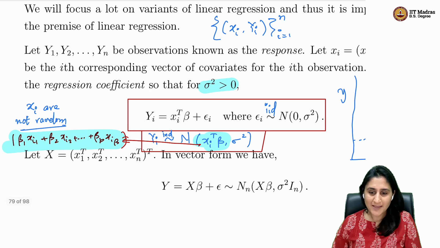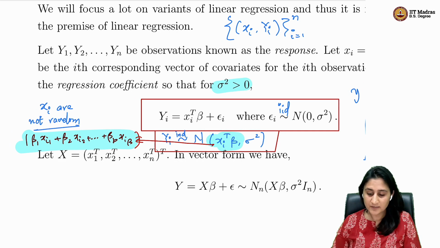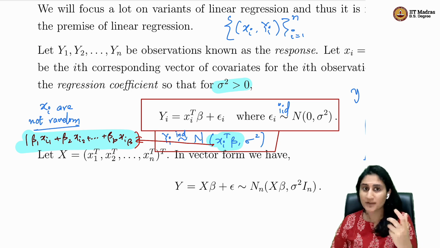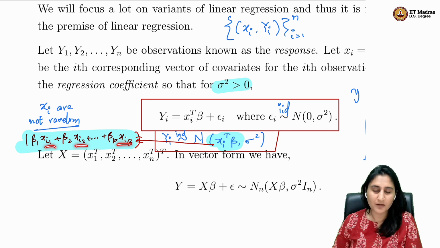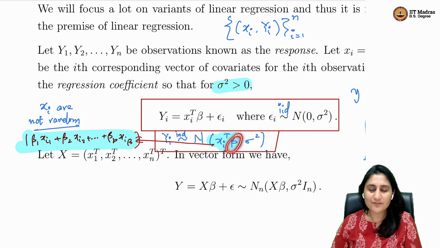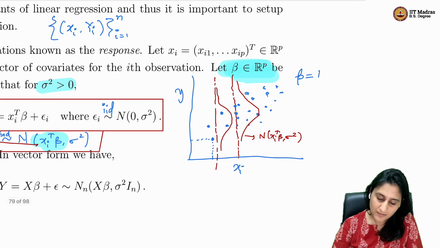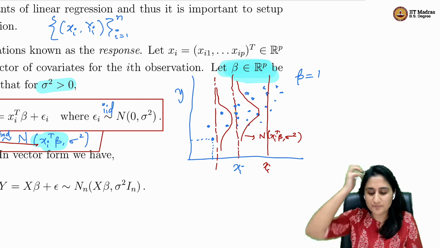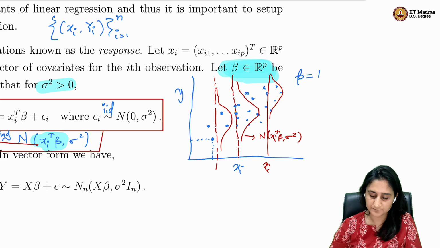So the y's are basically linearly dependent on these x's via a parameter. Beta is what I'm thinking, and beta is what I want to find, right? So given a new vector of x's, if I have a value of beta, then I can say, okay, this is the x that was observed, xi, and because I know the value of beta, I can understand that this is probably my distribution.